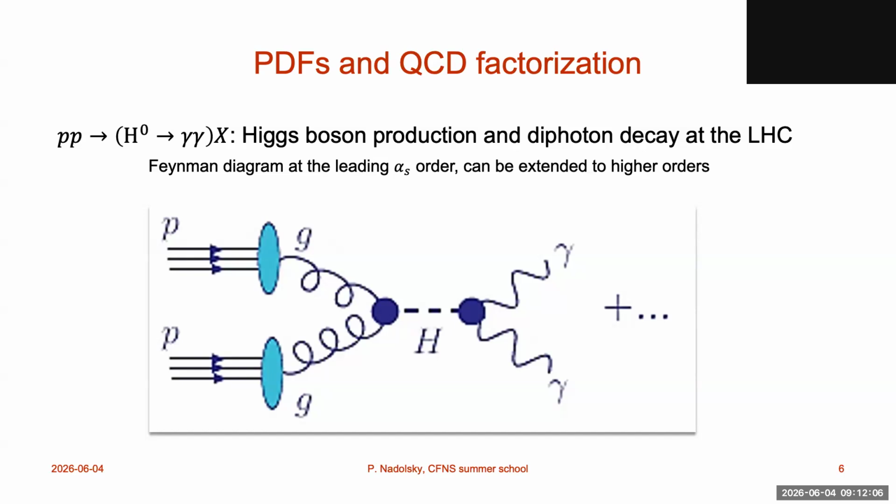And you need to multiply this hard cross section by probabilities for knocking out the partons, in this case gluons, from the incoming hadrons. Hadrons here are protons, but they can be nuclei, pions, etc. So that's the big picture.